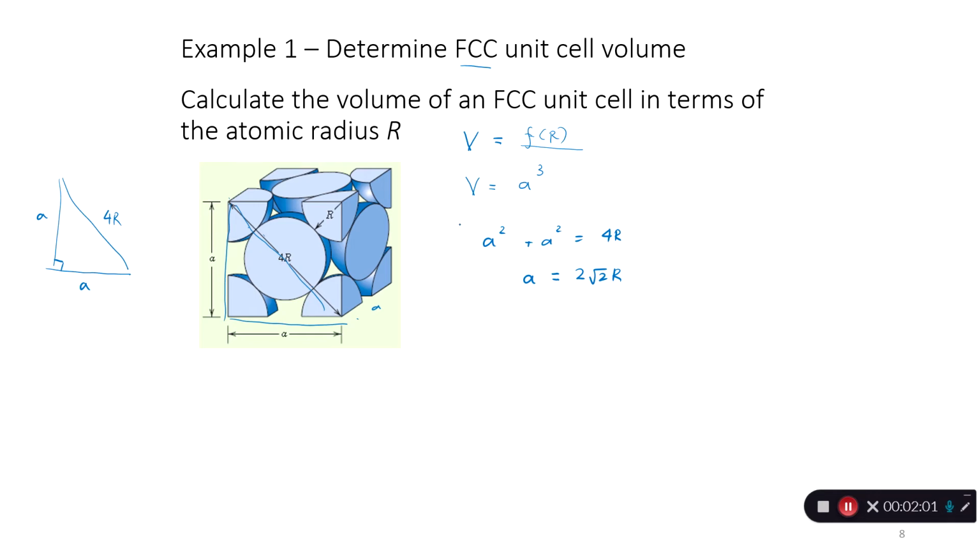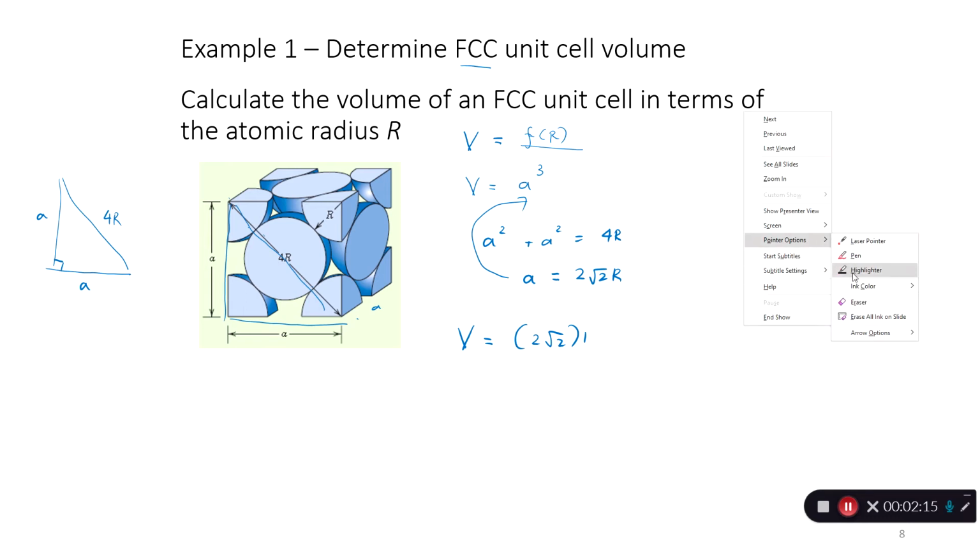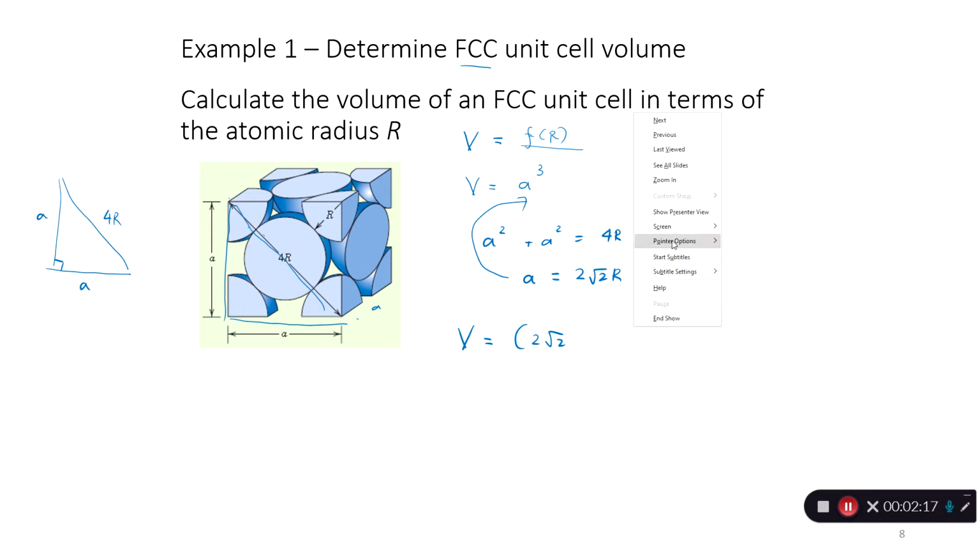So if a is this, you can just put that into this equation. Therefore, volume equals (2 square root 2 r) to the power of 3. Expand this, let's do it slowly. 2 to the power of 3 is 8, and then square root 2 cubed.